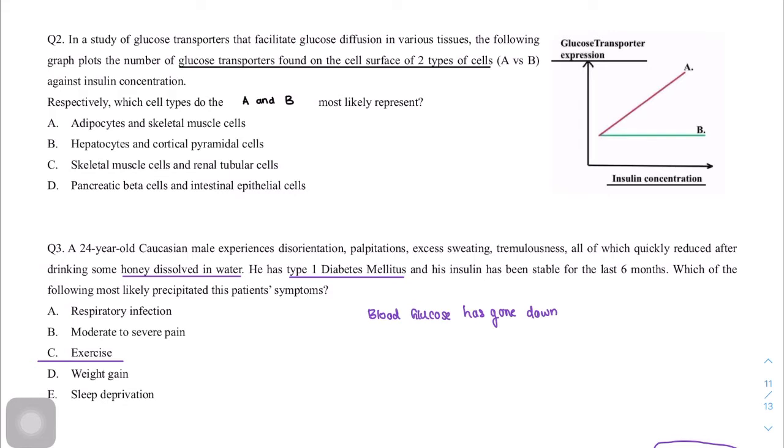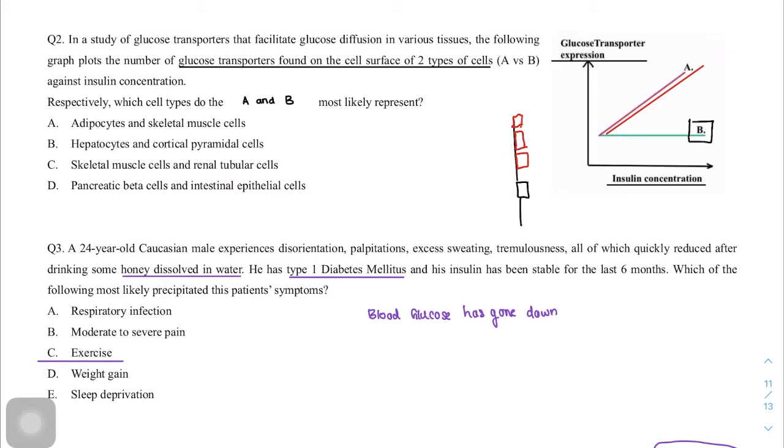Now, when you talk about B, even though the insulin concentration increases, the glucose transporter expression on the cell membrane remains the same. There's no increase in the glucose transporter expression. But when you talk about A, when insulin concentration increases, more and more glucose transporters get added to the membrane. That is what this line represents.